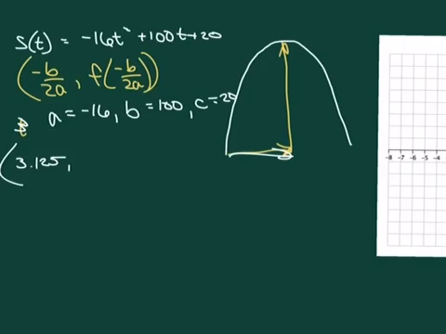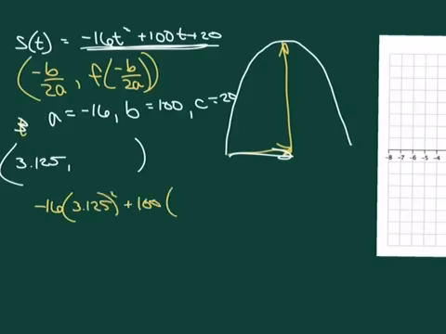Now, we need to find the y part of it. So we're going to take this original equation and plug in 3.125. So negative 16 times 3.125, the quantity squared, plus 100 times 3.125 plus 20. And when we do that, we're going to get a number that looks like 176.25.